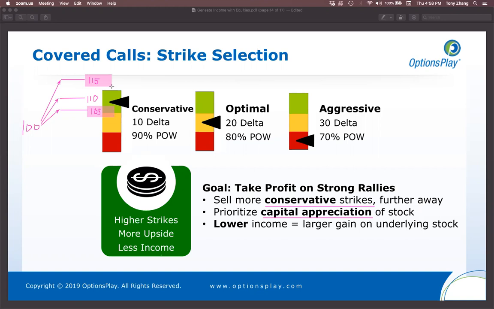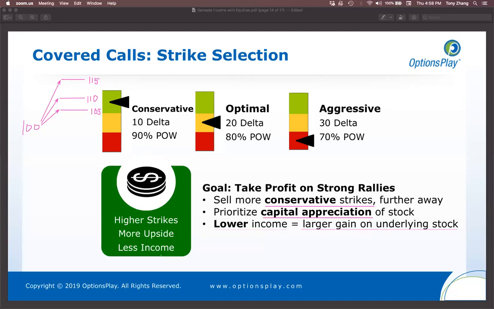You're going to give up far more in upside, which is why you own the stocks to begin with. Don't exchange that for just a couple of extra bucks. Many times we see that and it's not worth it. So you actually want lower income because it's going to provide you a larger gain in the underlying stock position, which is your core position when you're trading these types of strategies. I just want to make sure everyone understands that before I move on.